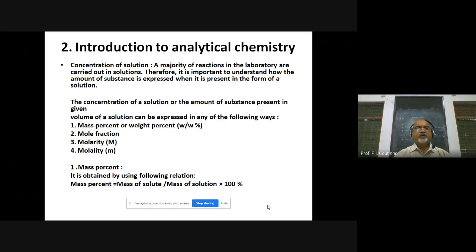Now, what do you mean by concentration of a solution? To tell you in very simple language, we have different types of solution. One is a dilute solution, one is a concentrated solution.